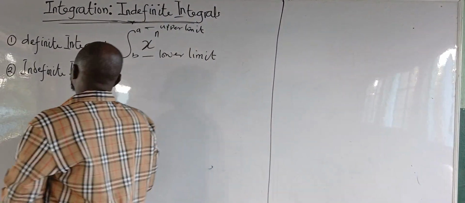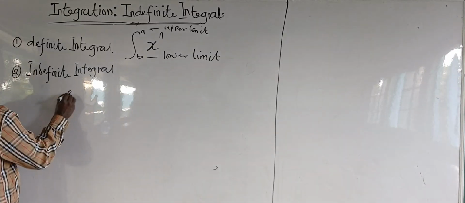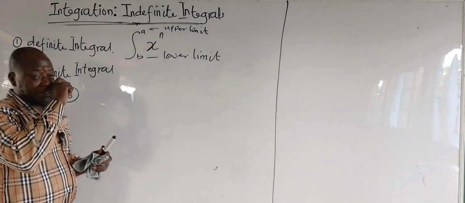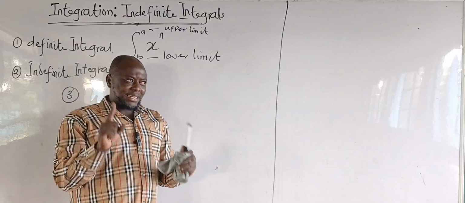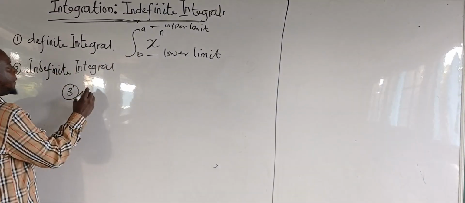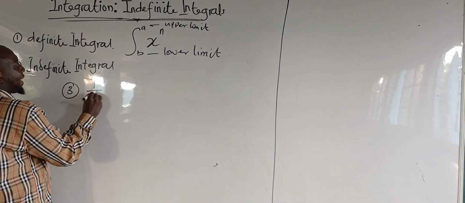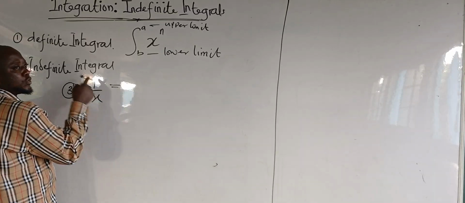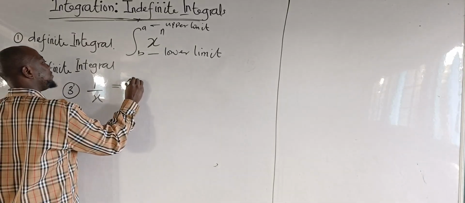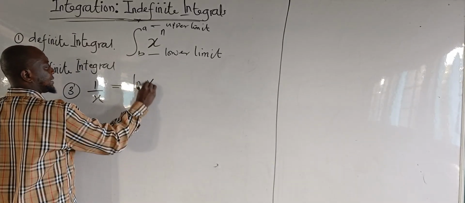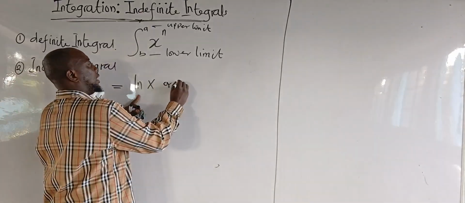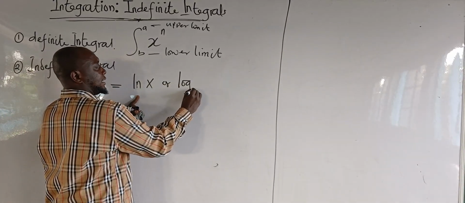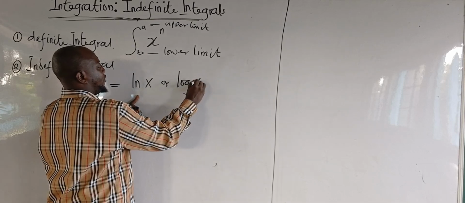So the next thing to note, number 3, remember the definition is number 1, the types of integration is number 2. Number 3 is this: wherever you see 1 over x, if you are integrating that, it becomes ln x, or natural log of x.